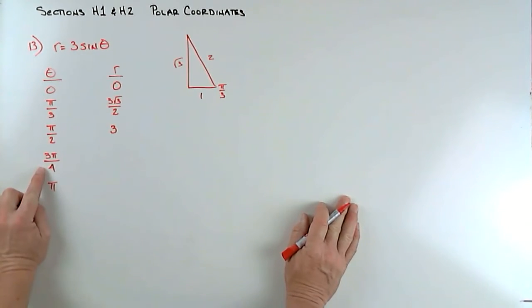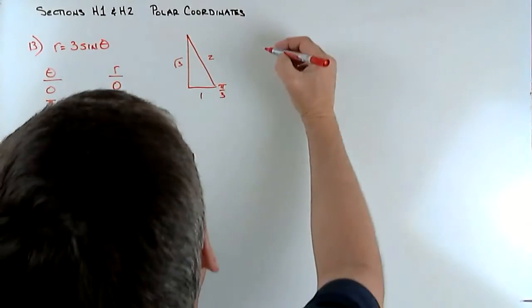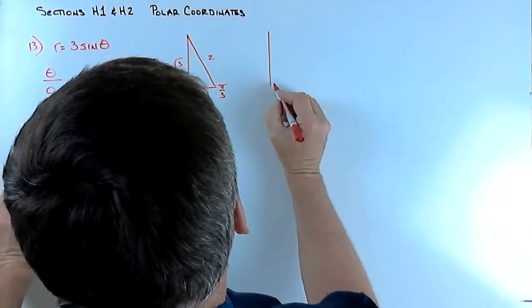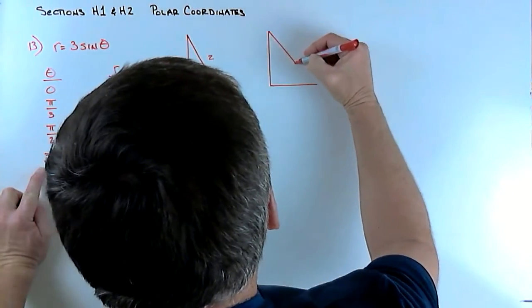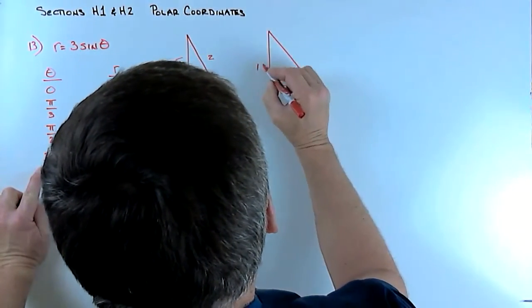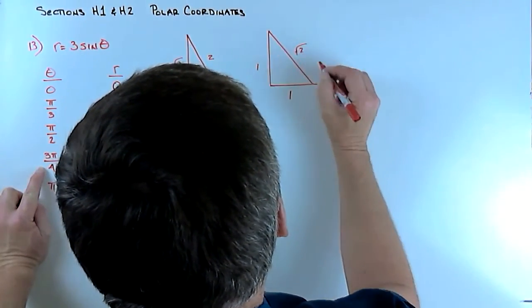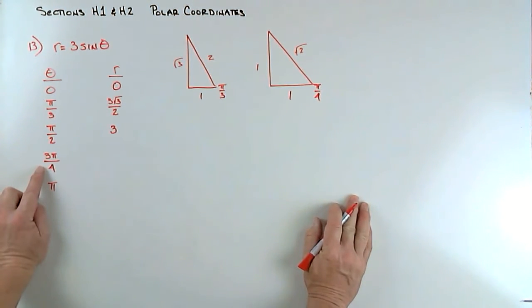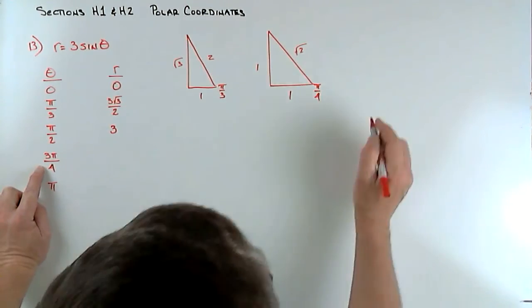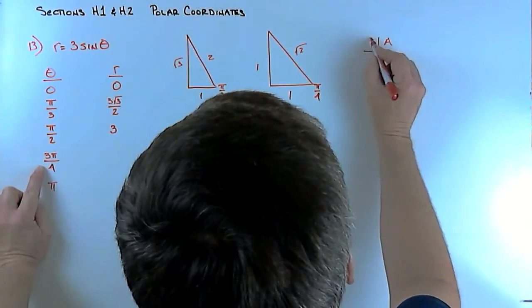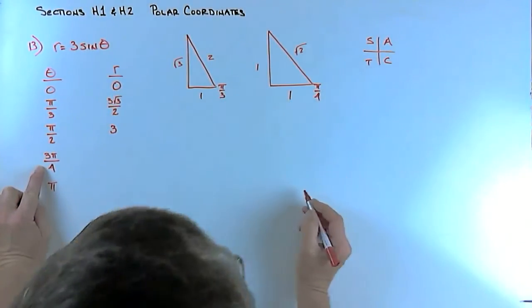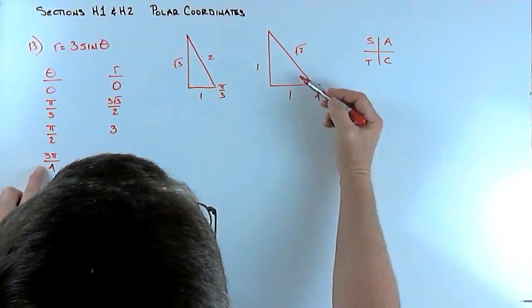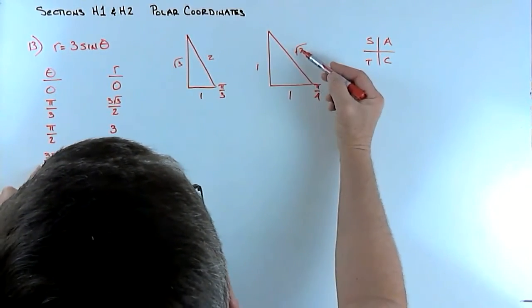At 3 pi over 4, now we need a different triangle, right? 1, 1, square root of 2. This is pi over 4. So 3 pi over 4 is in the second quadrant. We'll have to keep that in mind. Sine's positive there. So sine is going to be opposite over hypotenuse.